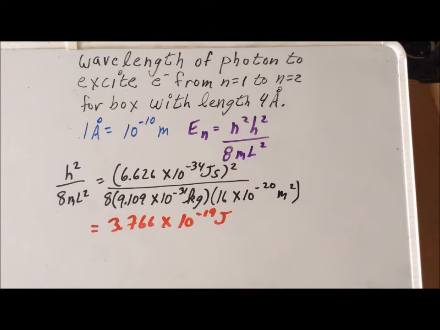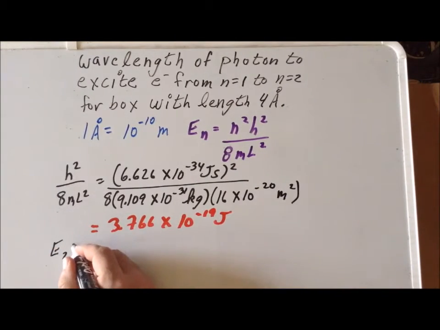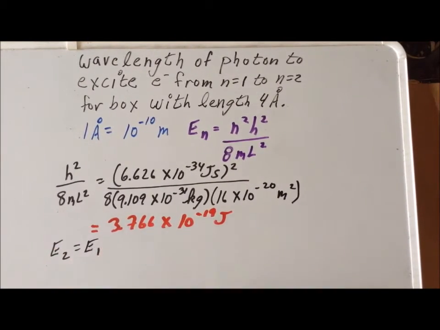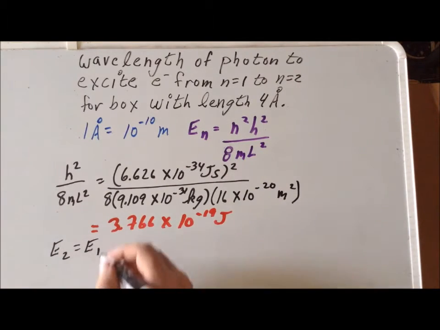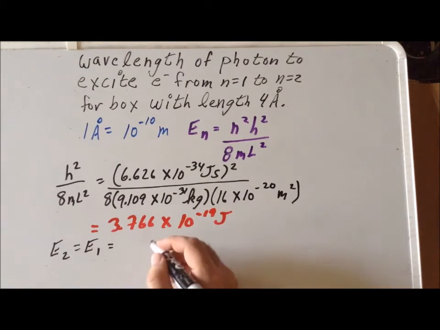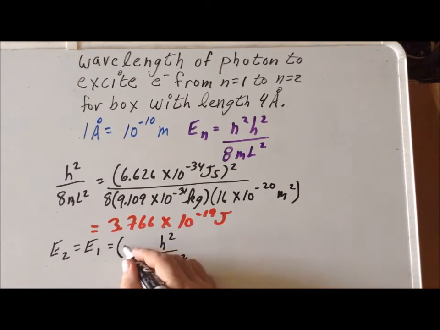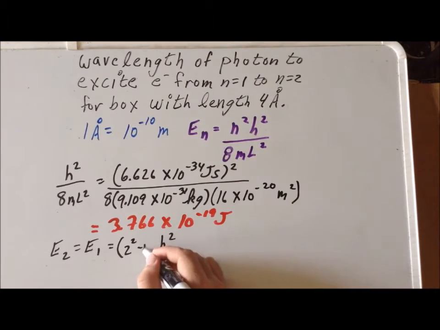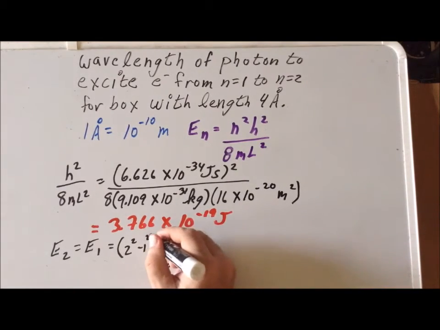So the next step is to calculate the difference in energy between the n equals 2 and the n equals 1 state. So since we have this n squared term in front, it's going to be proportional to h squared over 8mL squared. So we're going to have 2 squared minus 1 squared, since we have n equals 2 and n equals 1.